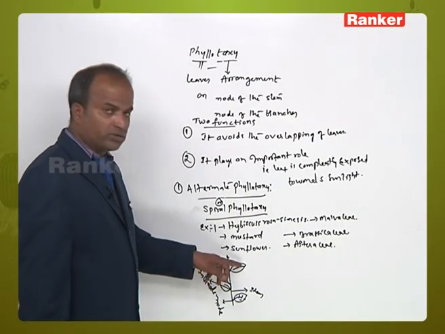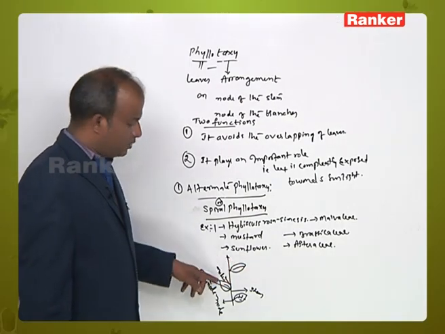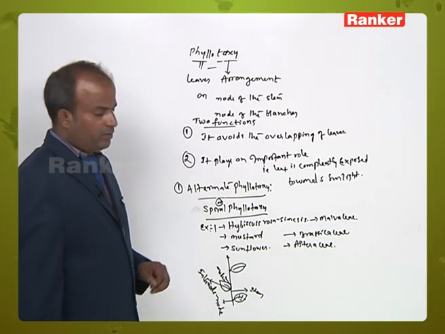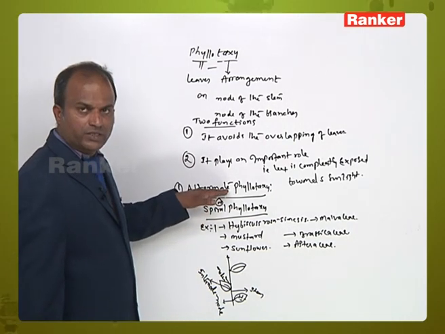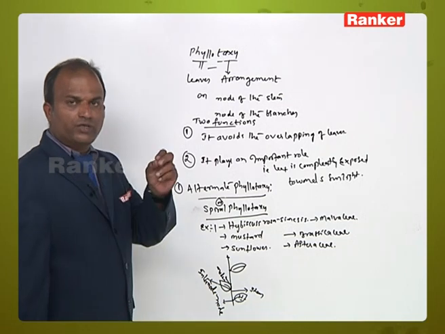From the third node, the third leaf arises, opposite to the second leaf. This type of arrangement itself is alternate phyllotaxy.